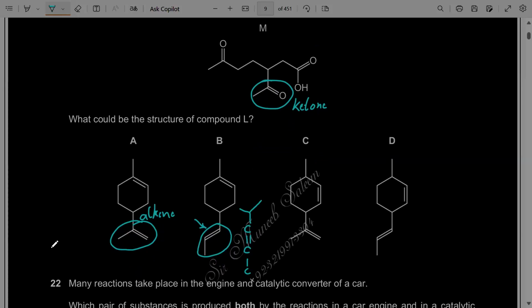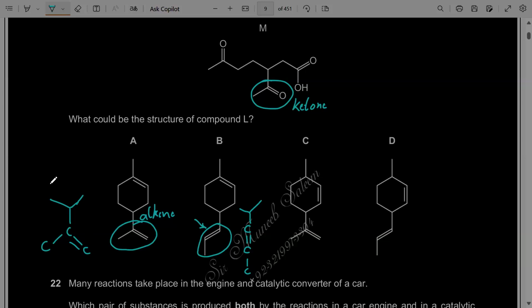Whereas this one has a structure like this: carbon bonded with this carbon, double bonded with carbon, and then the structure of benzene over here. Now I have to consider which of these 2 compounds will react with the KMnO4 to produce the ketone over here.